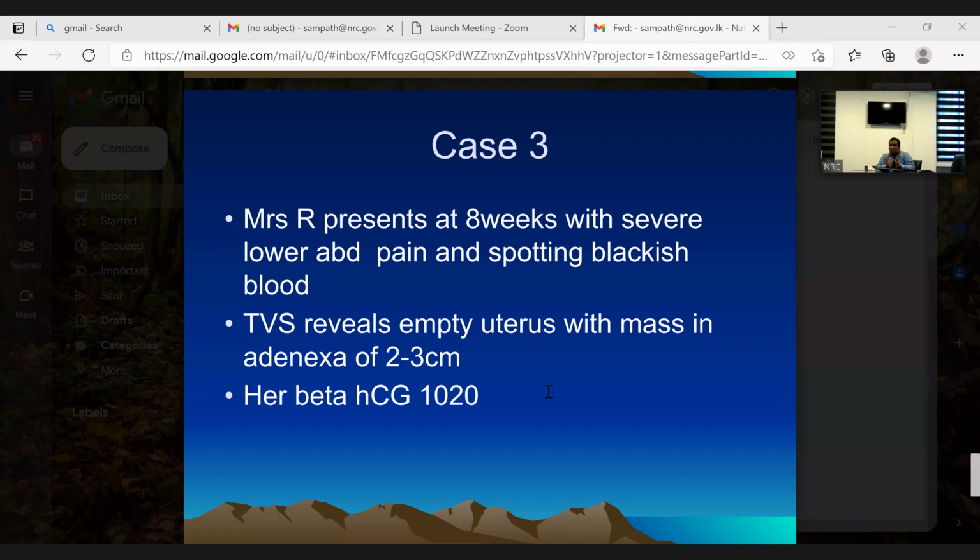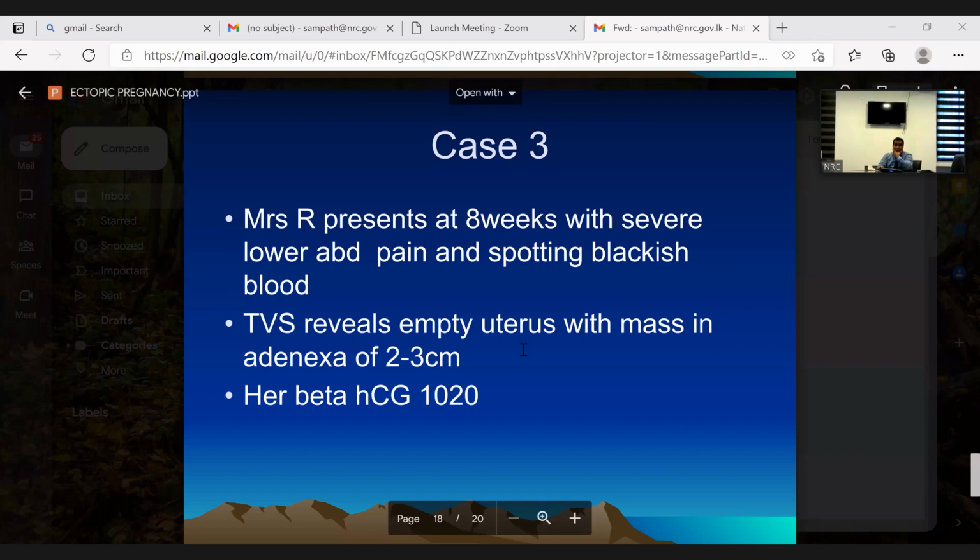So next day we're operating also, because Mrs. R said, doctor, keep me without an operation. Yes, it's possible, and this Mrs. R can be managed effectively with methotrexate.